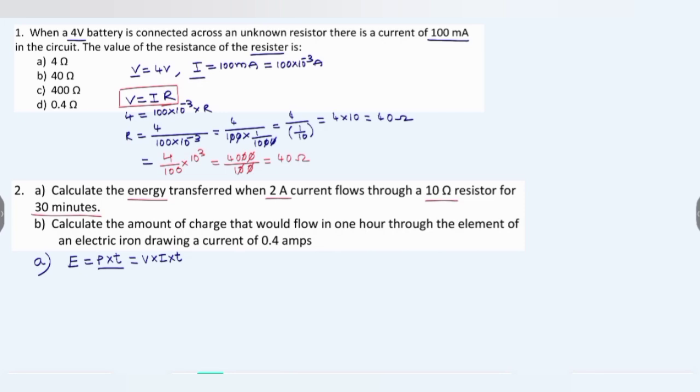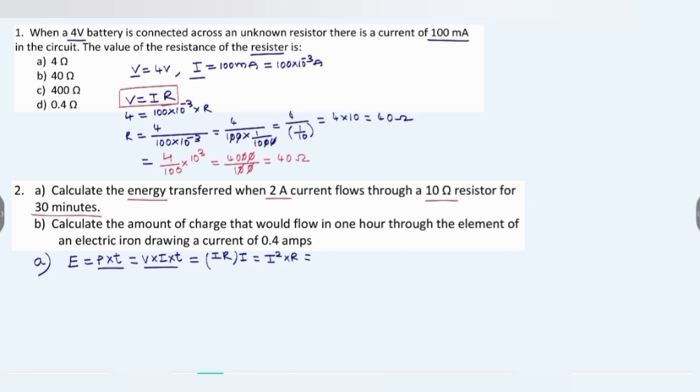Now we know current and time, but we don't know voltage, so this formula is not enough. We want a formula only in terms of current and resistance. So voltage should be expressed in terms of current: V is nothing but I R, into I, that is I square into R. So I square R into time is the formula.